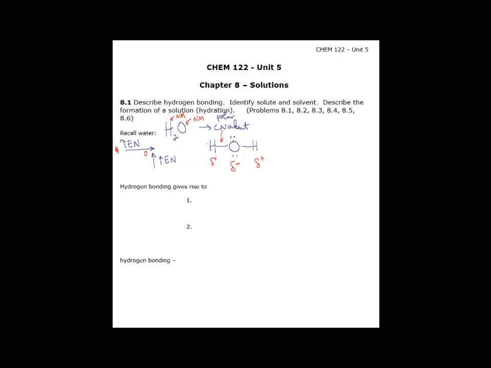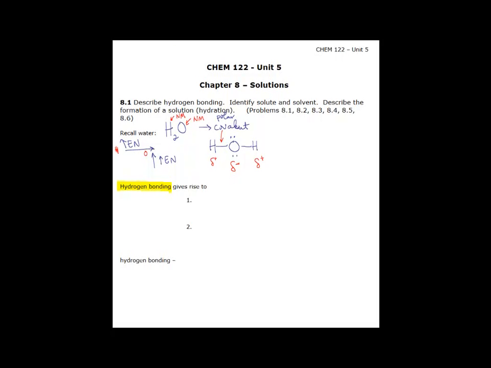So we've talked about water, talked about the structure of water. Now water has a unique type of bonding that goes beyond polar covalent bonding. It's called hydrogen bonding. And because of hydrogen bonding, water has some very unique and useful properties.